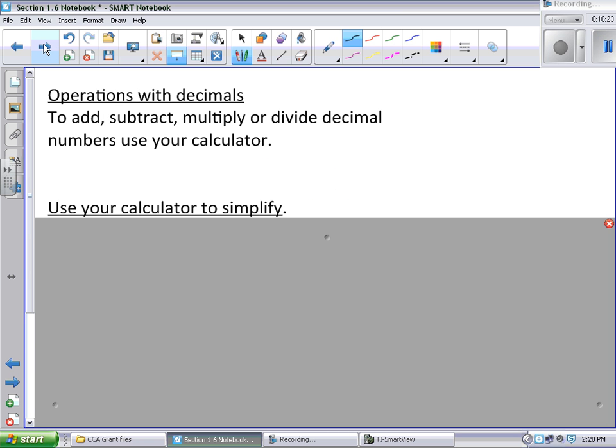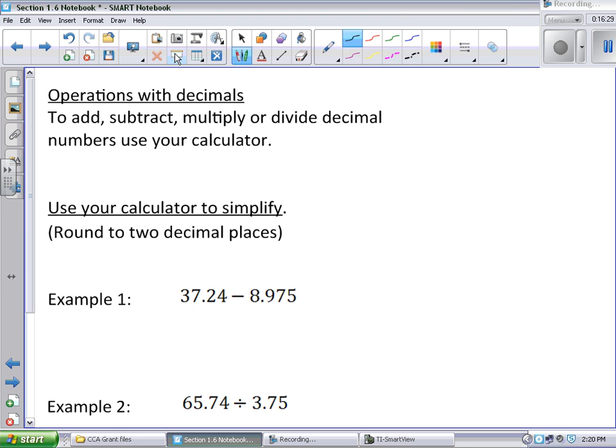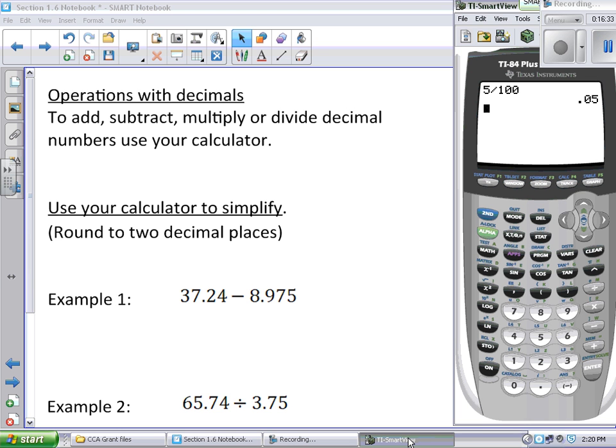Operations with decimals. When we add, subtract, multiply, or divide decimal numbers, you can use your calculator. So we have some examples here, and the only thing it tells you to do is to round your answers to 2 decimal places. So if I do 37.24 minus, now be careful on your calculators.